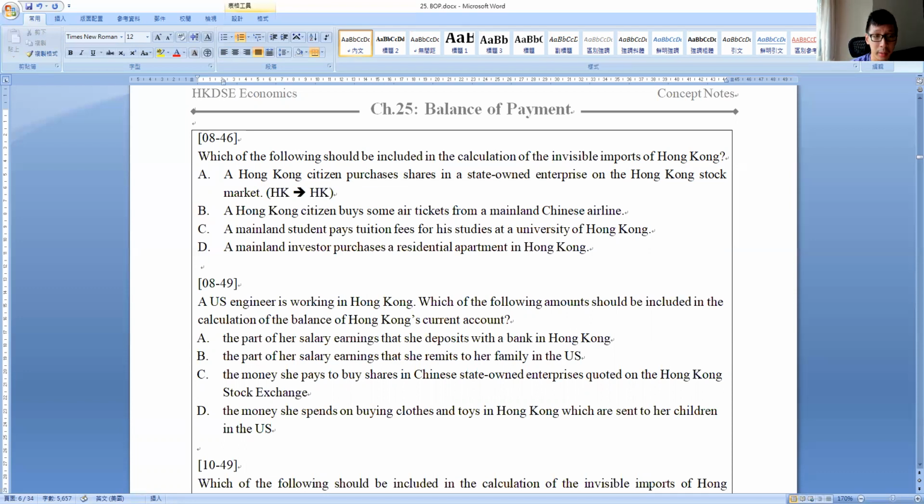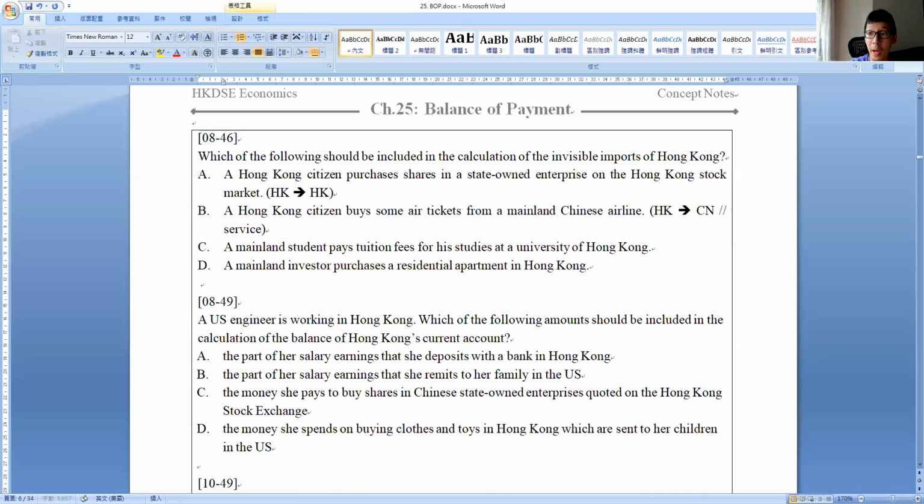No. Okay, next one. Hong Kong citizen buys air ticket from mainland China would be Hong Kong buying something from China, and that would be a service. And more importantly, since I'm paying for it, it will be import. Therefore, B would be our answer.